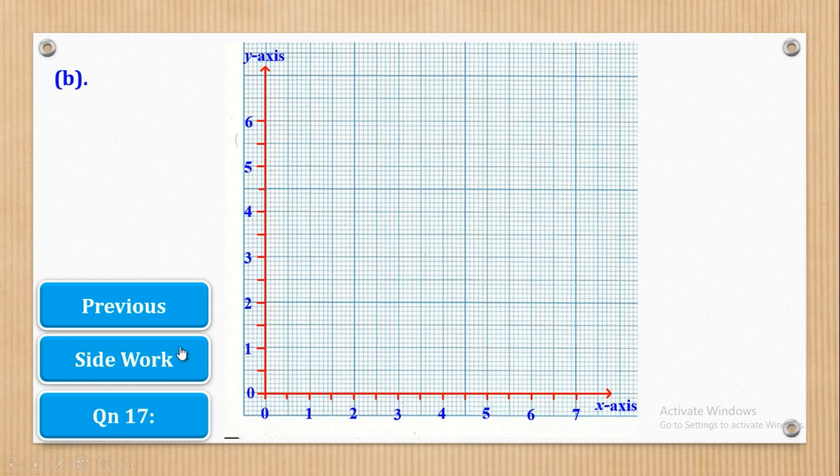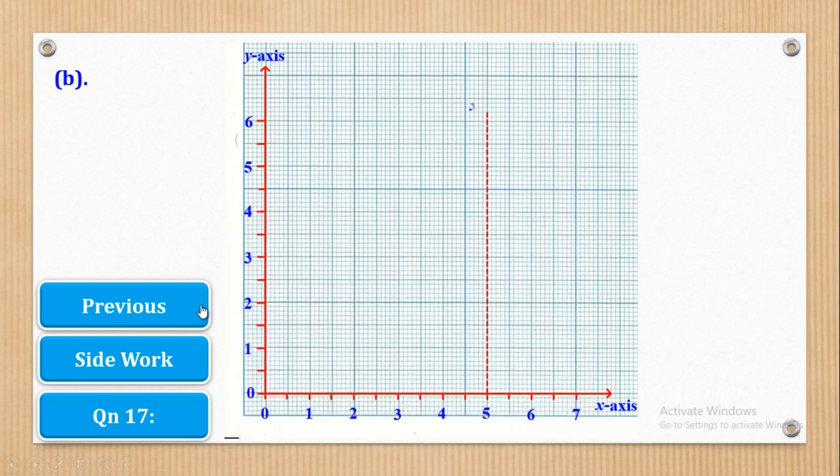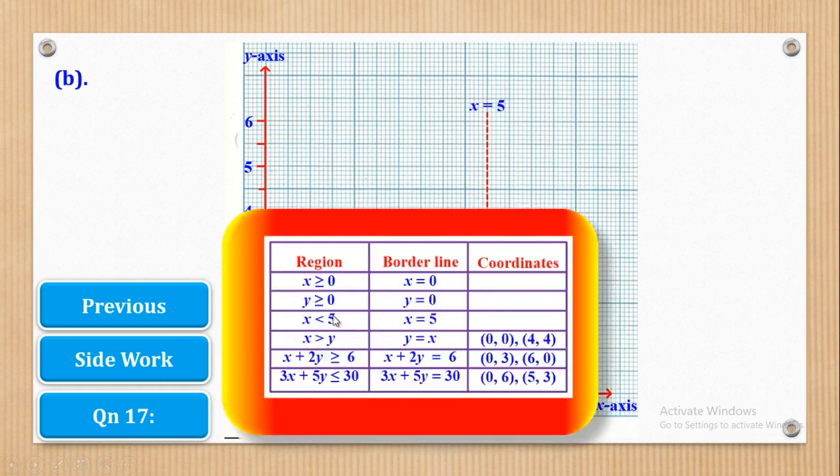After that, we have to draw our line of x equal to 5. So x equal to 5, that is the line. It is dotted because in this inequality we have x less than. So each time you have just less than or just greater than, it means your line will be dotted.